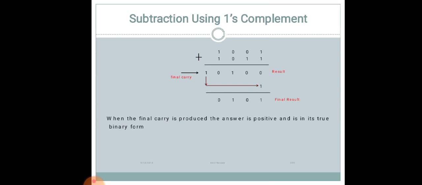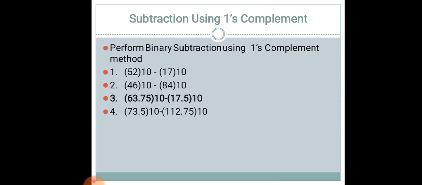So it will give you 0 plus 1 is 1, and the remaining bits written as it is, 010. So the final answer is 0101. This is the final result, which is equivalent to decimal 5. So our answer is correct using subtraction with ones complement.